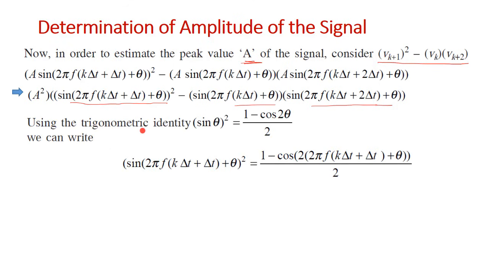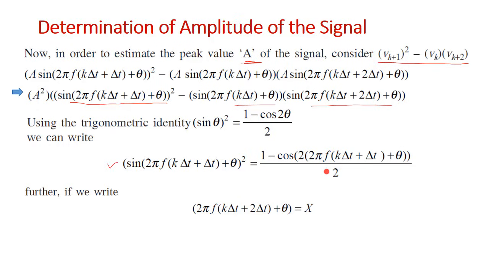Okay, now using the trigonometric identity that sine square theta is equal to (1 minus cos 2 theta) by 2, by substituting we'll get this expression: for this sine square of (2 pi f k delta t plus delta t plus theta), I'll get (1 minus cos of 2 into (2 pi f k delta t plus delta t plus theta)) by 2.